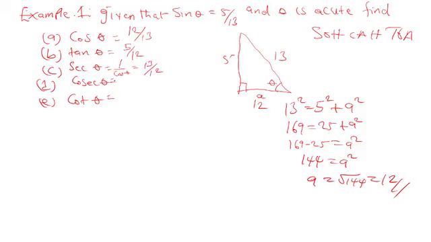Now, that of cosec is 1 over sin theta, and 1 over sin theta will give us the inverse of sin theta, which is equal to 13 over 5. And cot theta will give us the inverse of tan, which is equal to 12 over 5. So with this, we've done justice to all this. We've gotten the value of cos theta, tan theta, sec theta, cosec theta, and cot theta from the given equation.